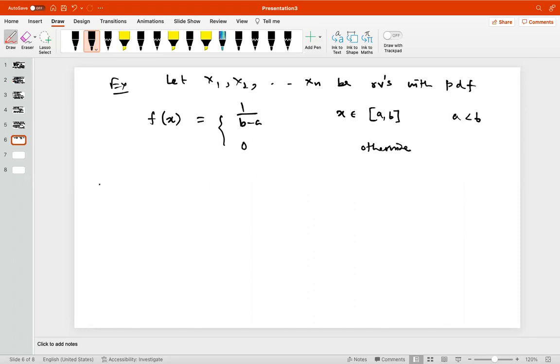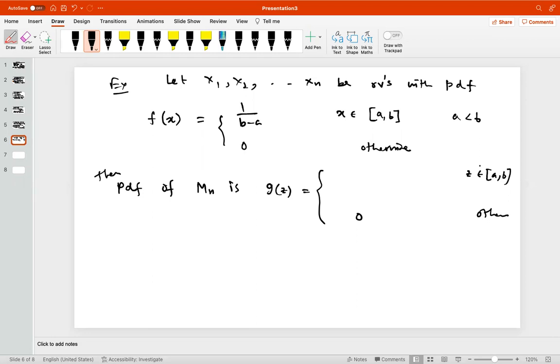Now we can check that the PDF of Mn is just this. Gz takes two values. If z is in a to b, we have something, and otherwise it is 0. Again, same thing: the maximum cannot be otherwise.